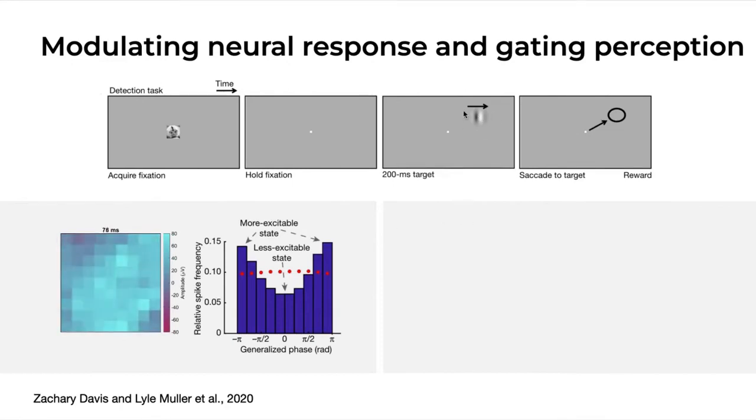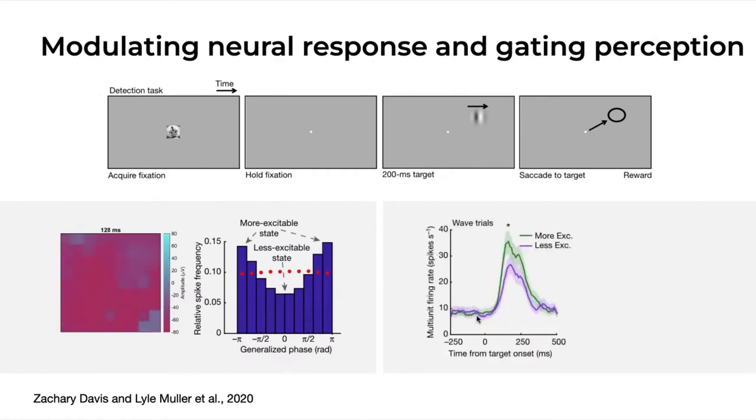In the next question, they tried to address whether the spontaneous waves could modulate the response to the visual target. And indeed, they found that if the spontaneous traveling waves aligned their more excitable state to the retinotopic location of the target arrival, then the neural response would be significantly larger than when the arrival of the target was locked to the less excitable state.